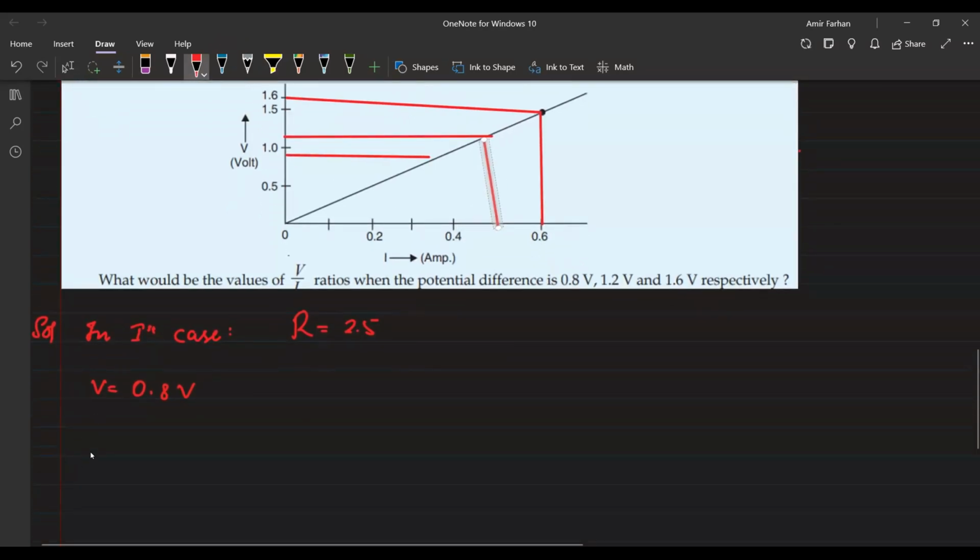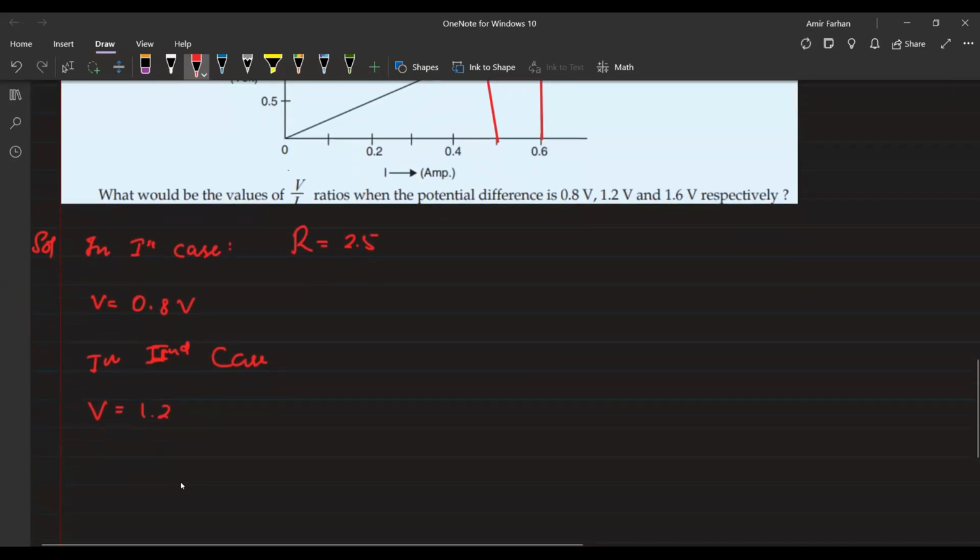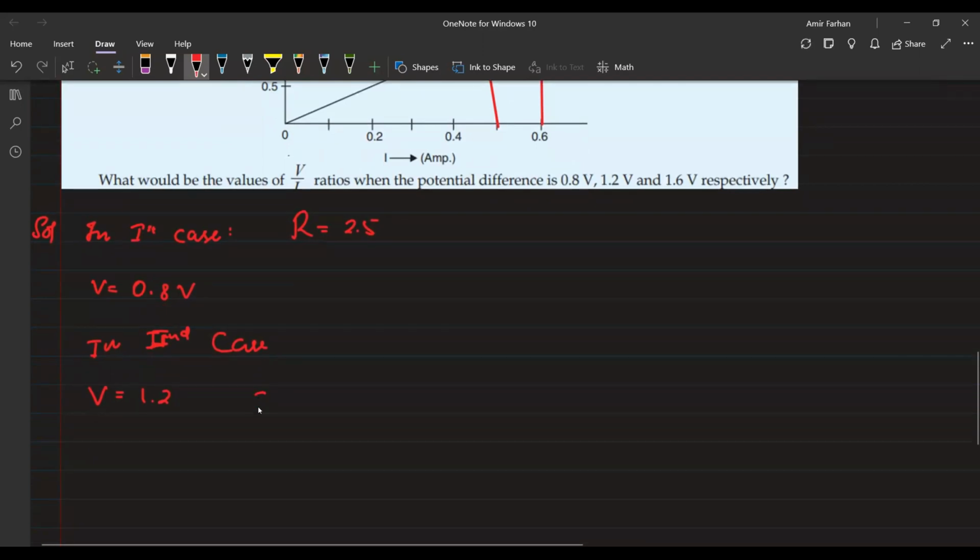In the second case, your V is 1.2 and your current comes out to be I equals 0.5 ampere.